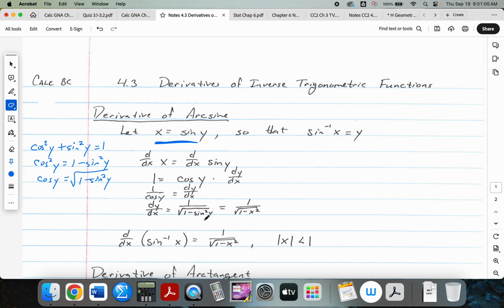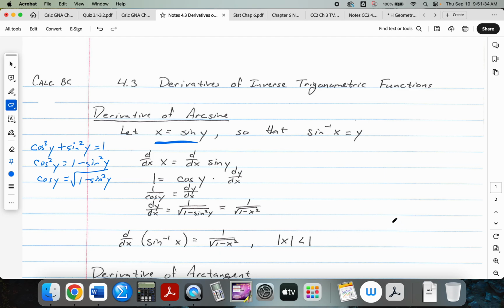The reason that we did this is because now we can get it back into terms of x. So the derivative with respect to x of the sine inverse of x is 1 over the square root of 1 minus x squared, provided that the absolute value of x is less than 1. We have to do that because if it's not, then we get imaginary numbers in our denominator here. We would rather avoid that.